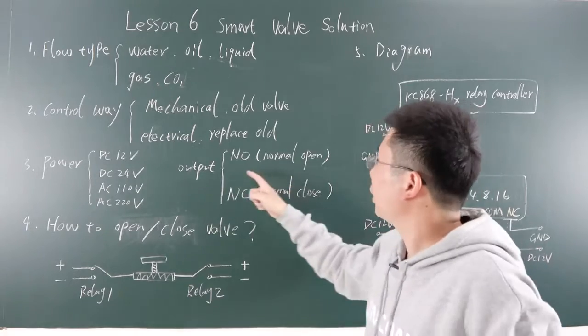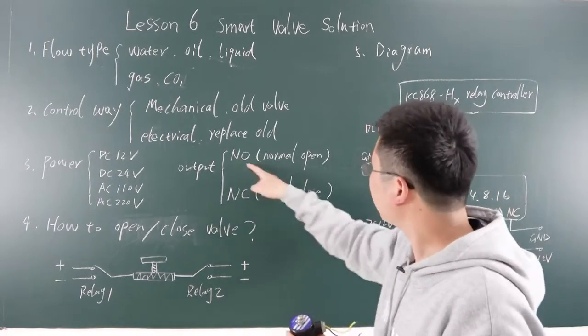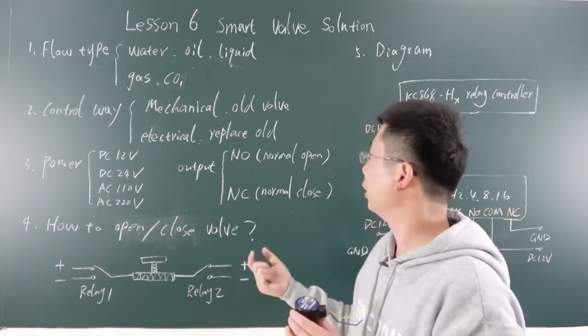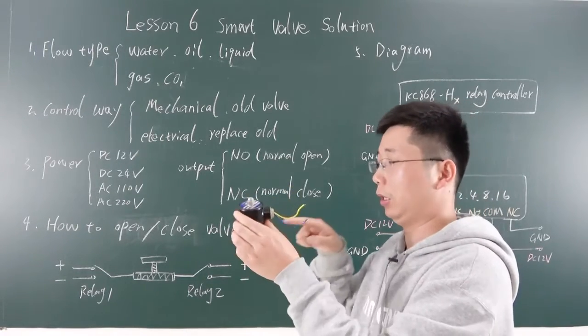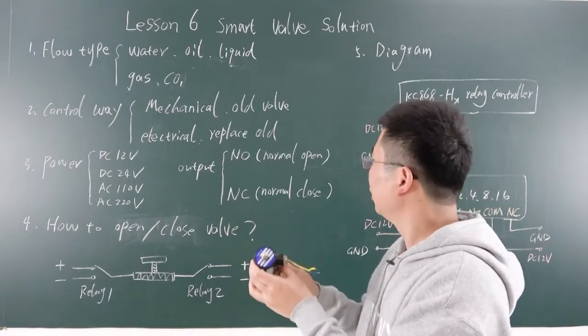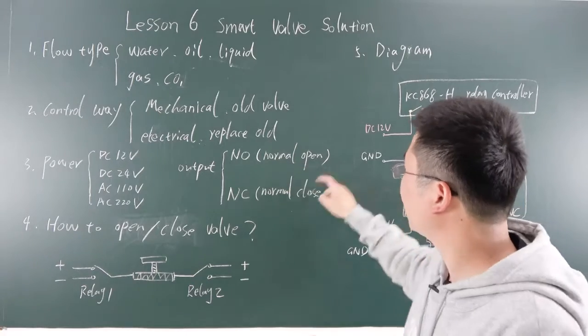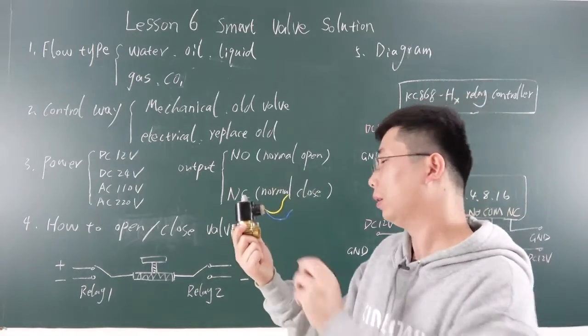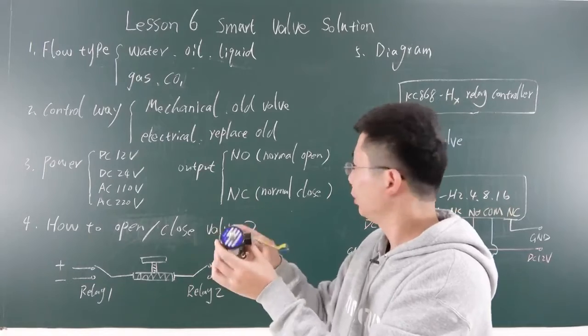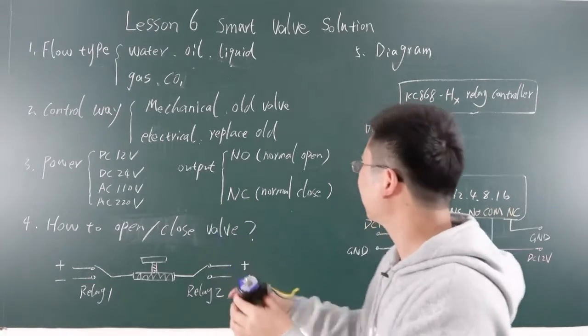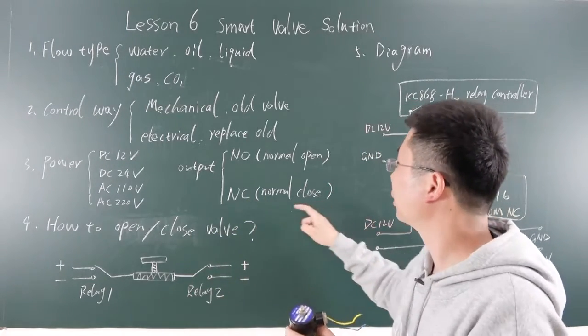So you can choose which situation is usually used. Maybe the valve usually lets the water go through, so you can choose normal open. And maybe only sometimes, very rarely, you power on the valve, so you can choose normal close.